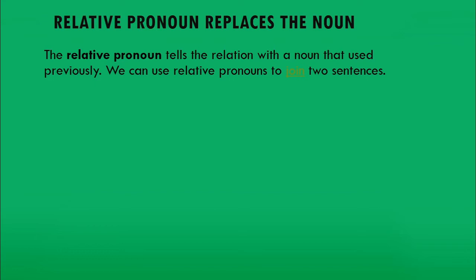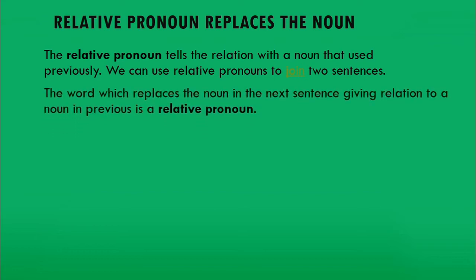This pronoun replaces the noun of the previous sentence, and it describes a person, thing, or place. The word which replaces the noun in the next sentence, giving relation to a noun in the previous one, is a relative pronoun.